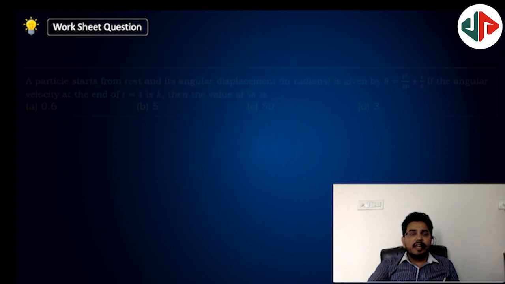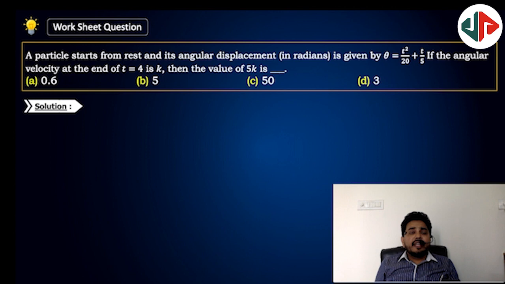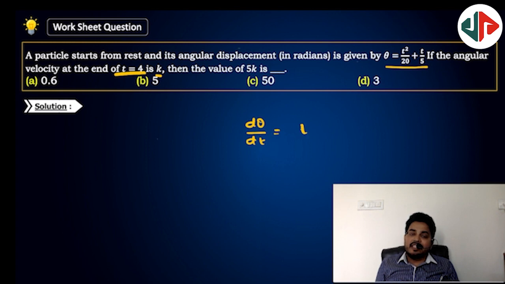Next question is, a particle starts from rest and angular displacement theta is given by this. If the angular velocity at the end of t is equal to 4 is k, find the value of k. So angular velocity is d theta by dt, which is equal to 2t by 10 plus 1 by 5. So that is t by 10 plus 1 by 5.